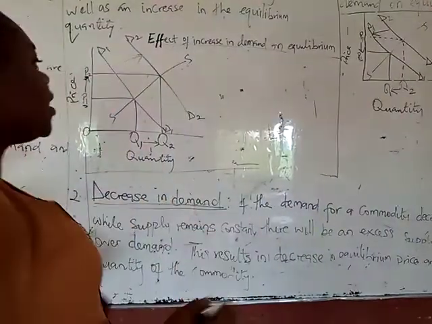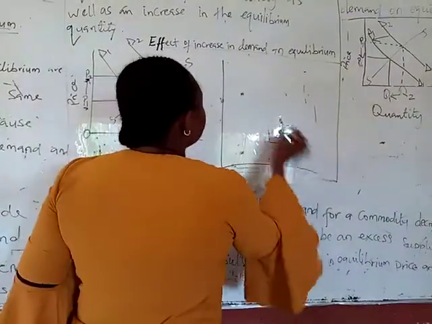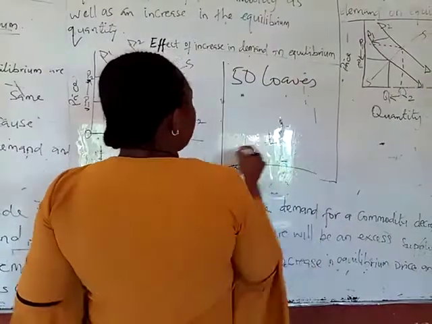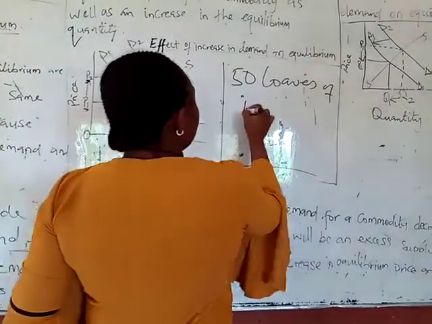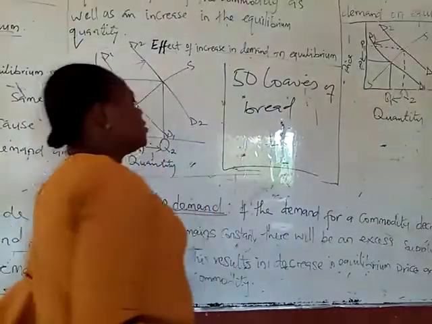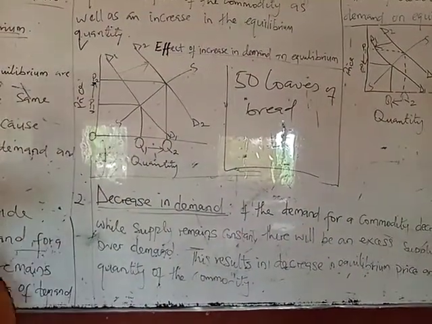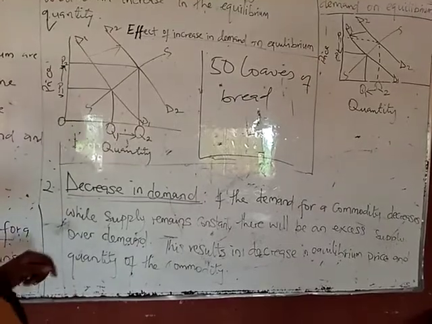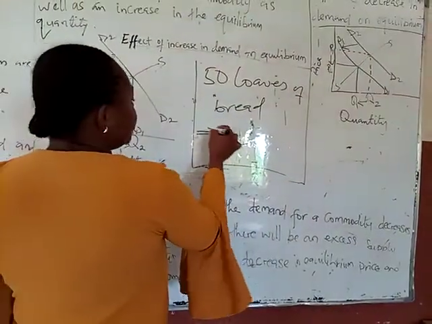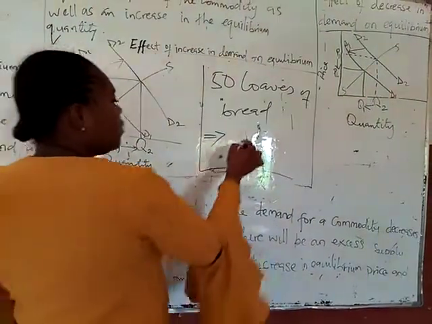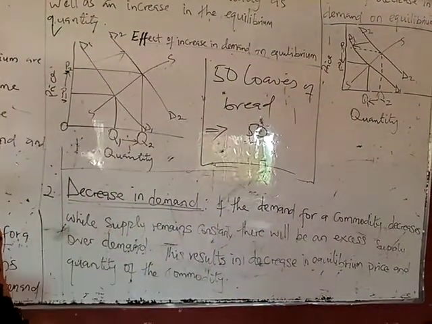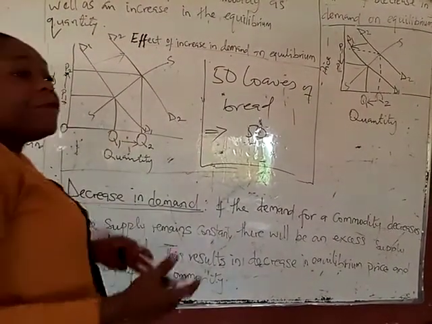Remember we once said 50 loaves of bread are being supplied to the market, maybe to Nko market or anywhere. And the number of persons demanding the bread is 50, or rather 50 quantities are being demanded.